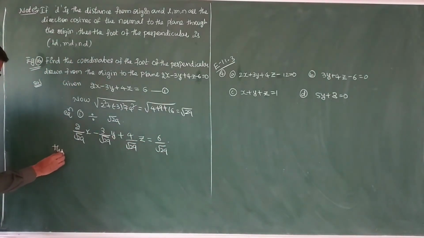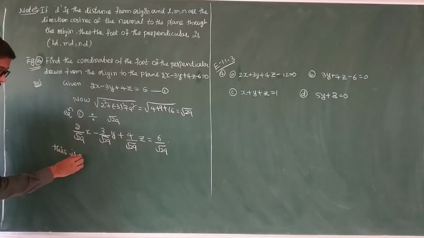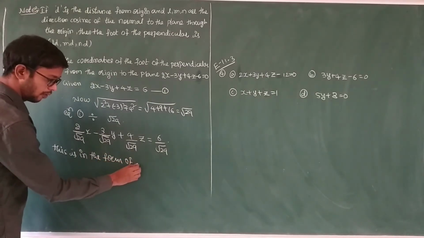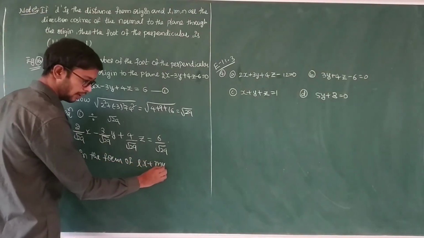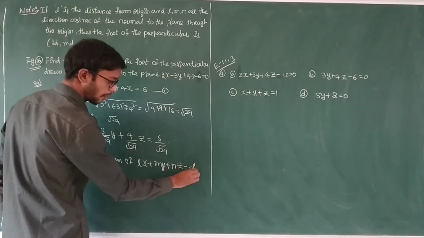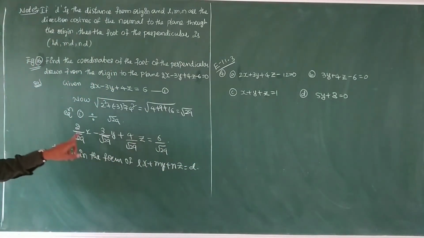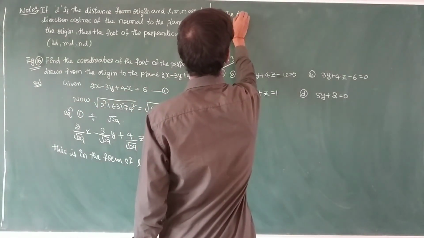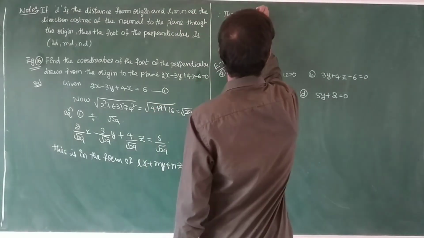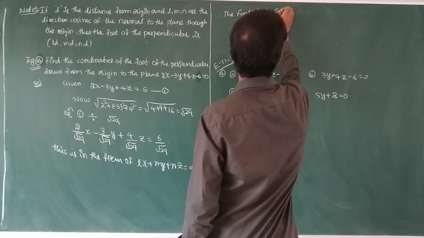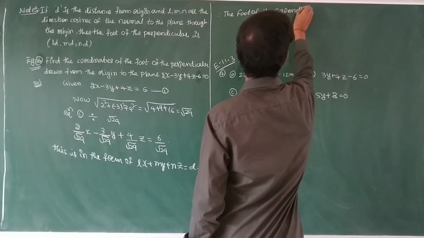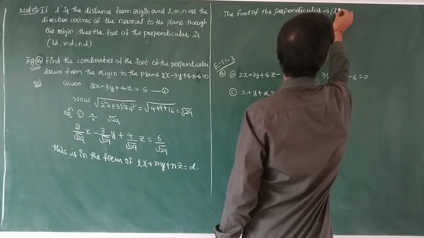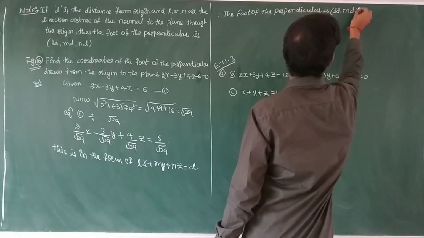This is in the form of Lx plus My plus Nz equals D. L is 2 by root 29, and so on. Therefore, the foot of the perpendicular is LD, MD, ND.